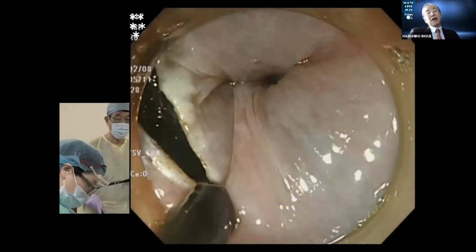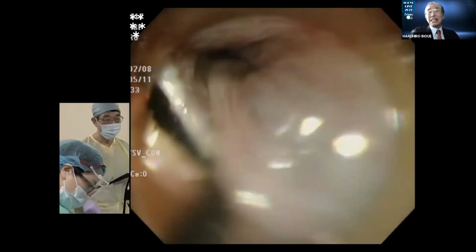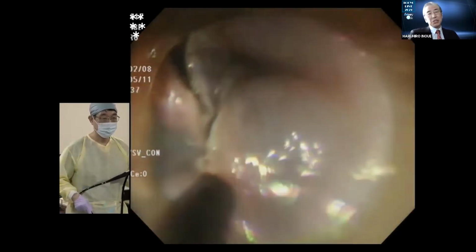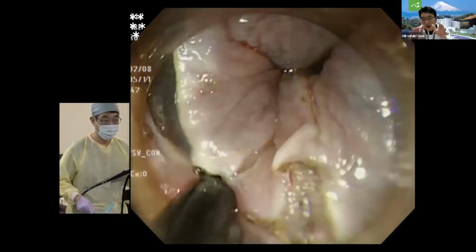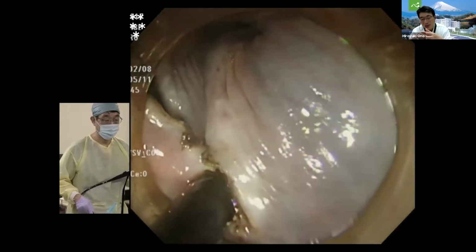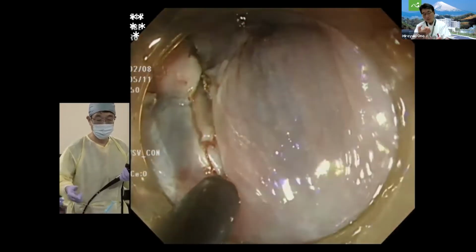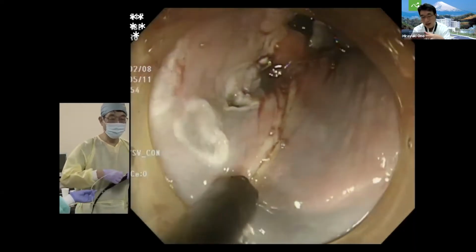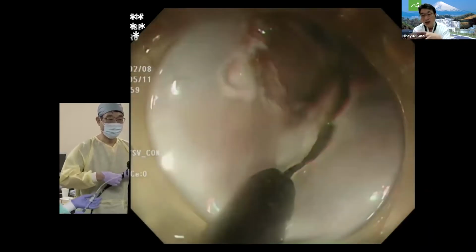Ono-sensei, in esophageal ESD, you recommend the IT knife nano over the original IT knife? Yes. I recommend the IT knife nano because the electrode at the bottom of the insulation tip is smaller than the IT knife 2.